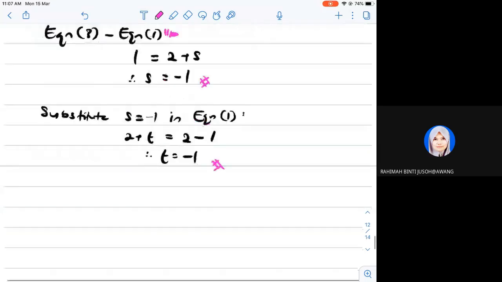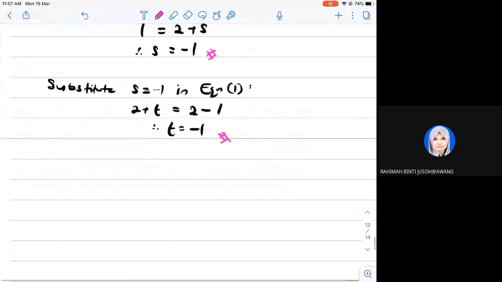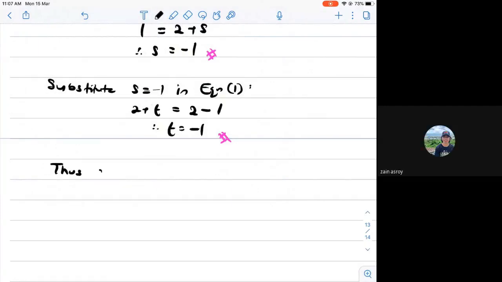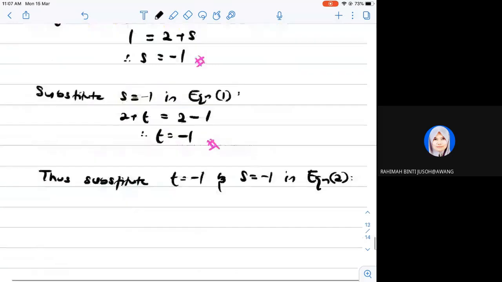Okay, so now kita dah dapat dua-dua nilai T ni. What we should do next? Substitute. Yes, substitute dalam equation ke berapa? 2. Yes, substitute T equals to negative 1 and S equals to negative 1 in equation 2. So equation 2 apa, 2 tambah 3T.